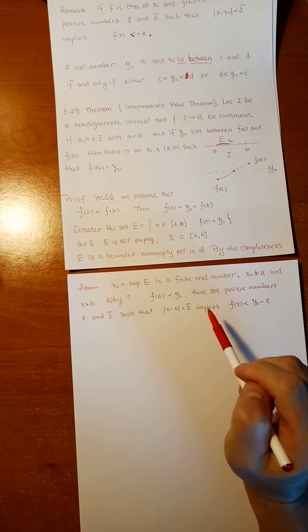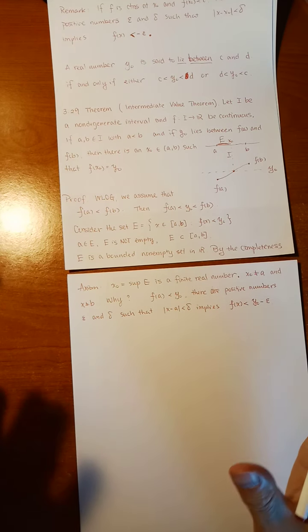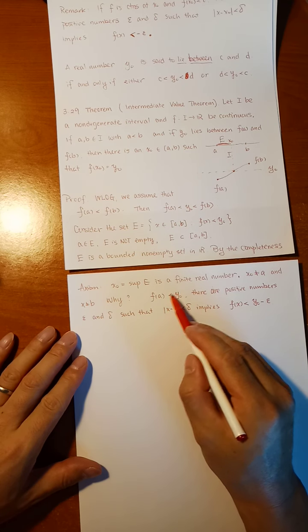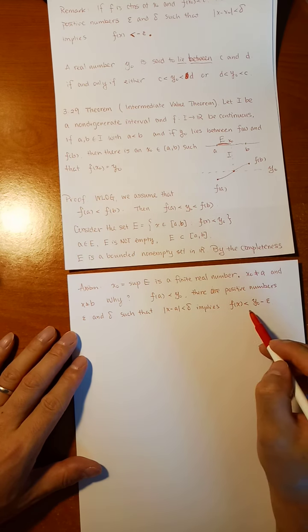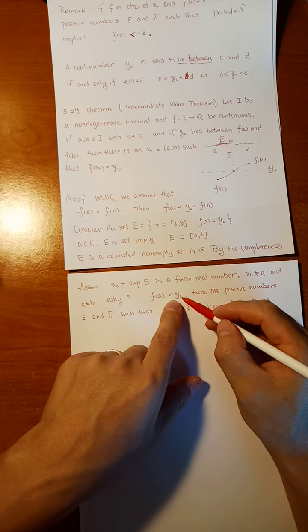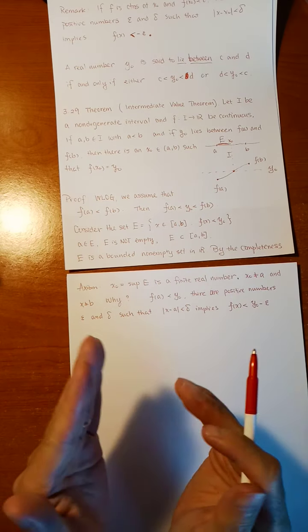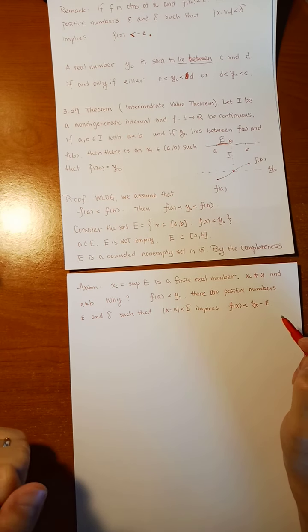See, here I actually use the sign preserving property in the general way. How general? The sign preserving property says if f(a) is less than 0, then f(x) in the neighborhood is less than negative epsilon. Here I replace 0 by y sub 0. If it is less than y sub 0, then in a small neighborhood it's going to be less than y sub 0 minus epsilon.